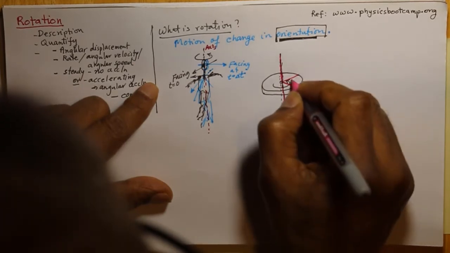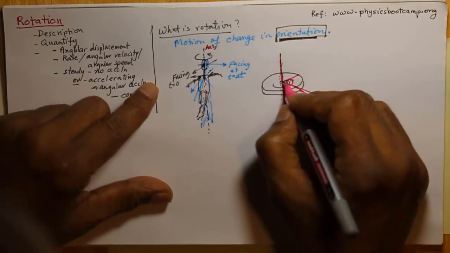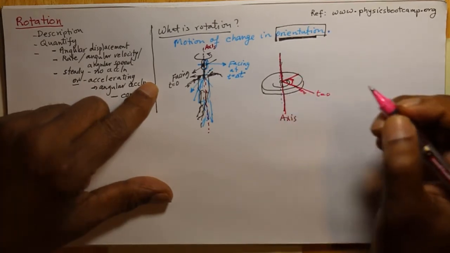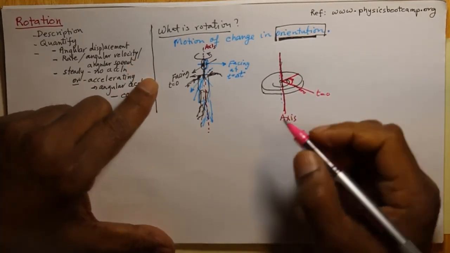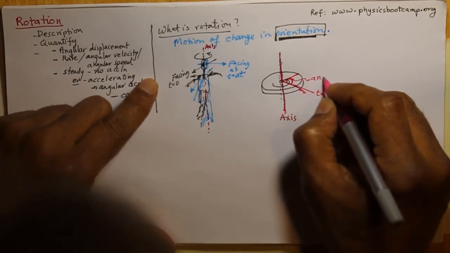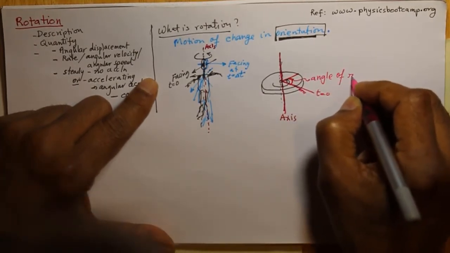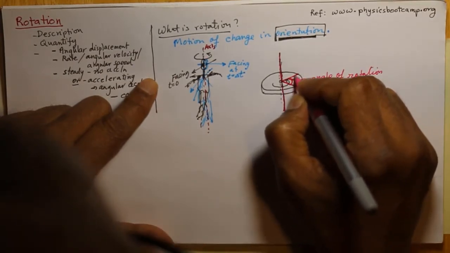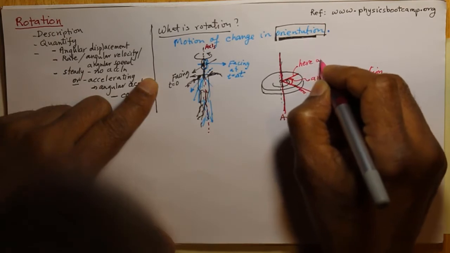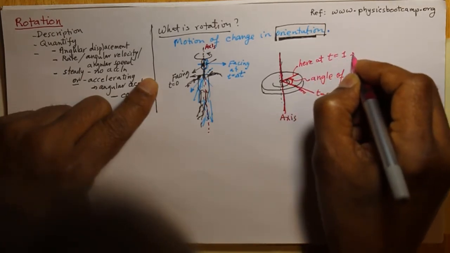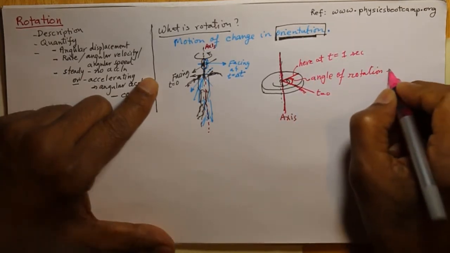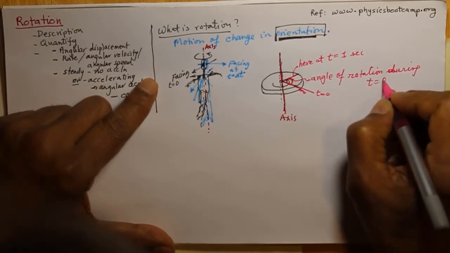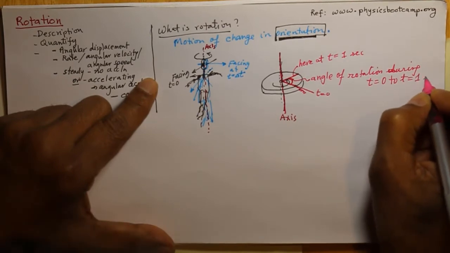The line is over here at the 1 second mark. So this angle can be used to quantify the rotation. This angle is the angle of rotation, the angle rotated during t equals 0 to t equals 1 second.